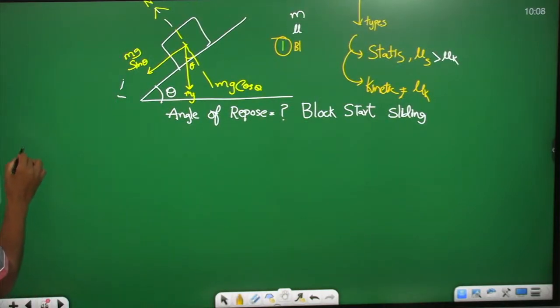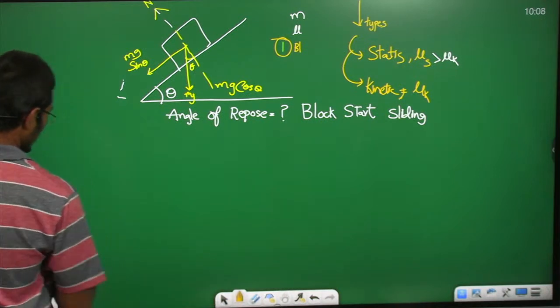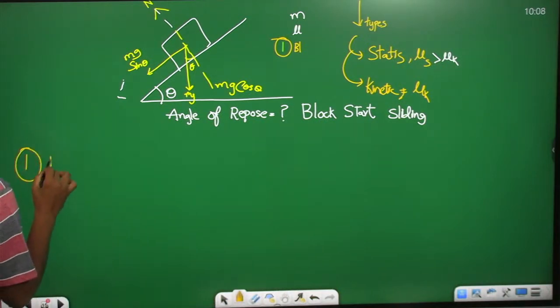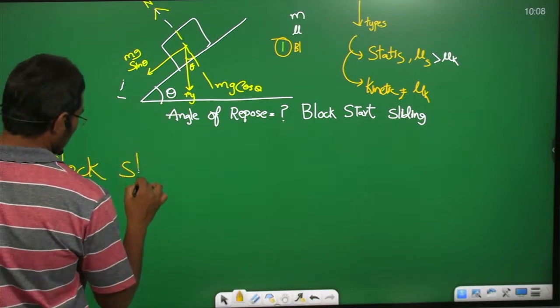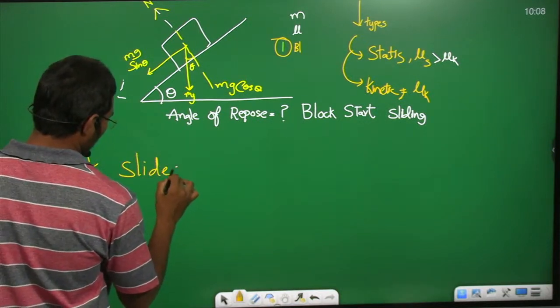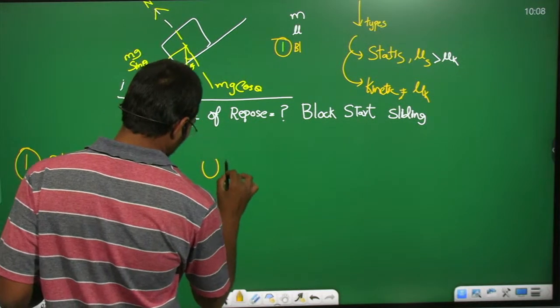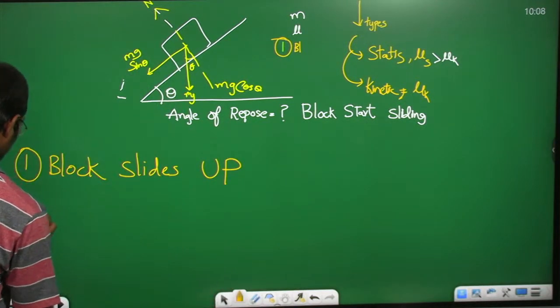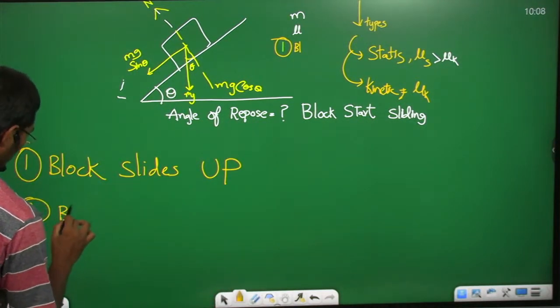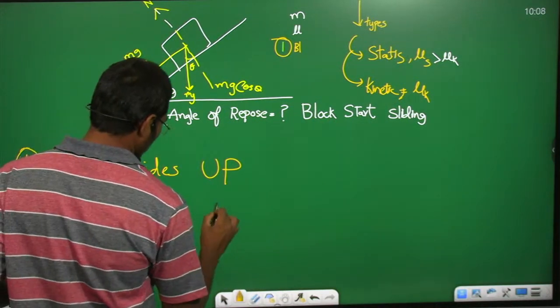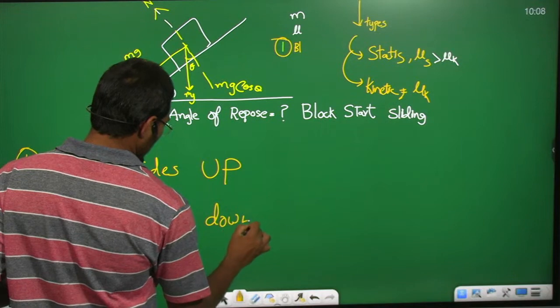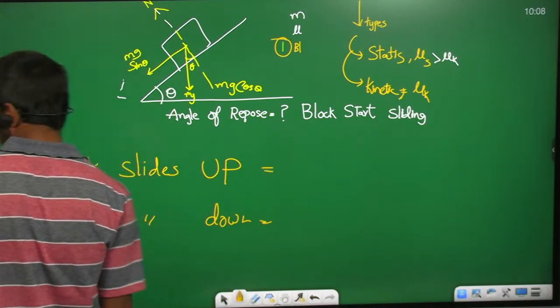We have two cases: block slides up, block slides down. So try to tell the direction of friction in both cases.